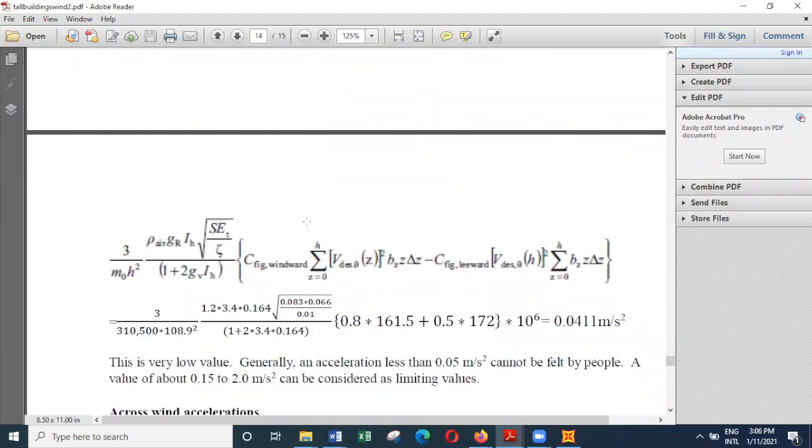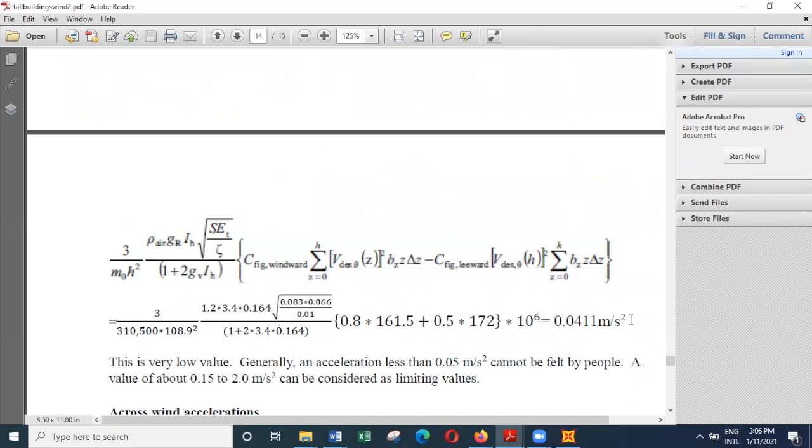But once you calculate those values, and once you calculate the base overturning moment by using the wind load on the structure, then you can work out the acceleration of the building.